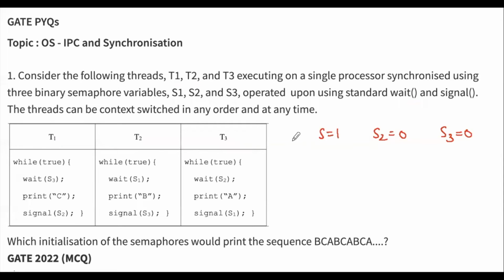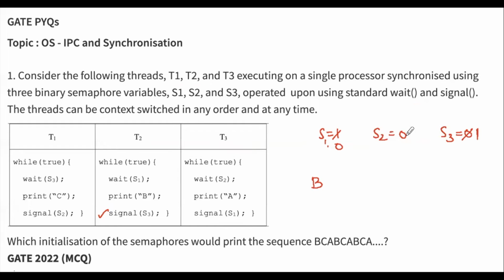So the initial values are S1 is 1, S2 is 0, and S3 is 0. First, S1 is made 0 and B is printed. Then the signal operation signals S3, incrementing the semaphore value by 1, so S3 becomes 1. Thread 1 has the S3 code.